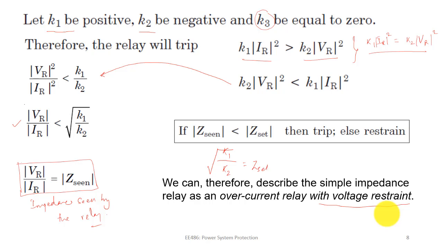So we can say this simple impedance relay is an overcurrent relay with voltage restraint. Another component is added in the overcurrent relay, therefore it became the impedance relay.